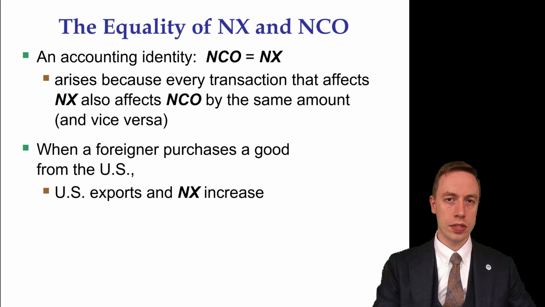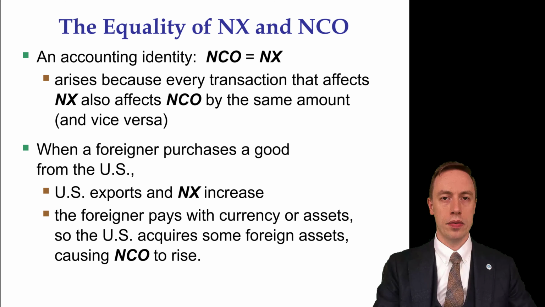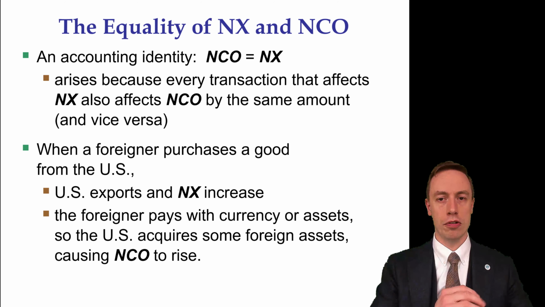Well, in the process of this transaction, the French resident who's paying in euros is transferring those euros to the United States. That means US residents now own euros, a foreign asset, a foreign currency, equal in value to that harvester. Net exports increase by the same amount as the net capital outflow of the United States.